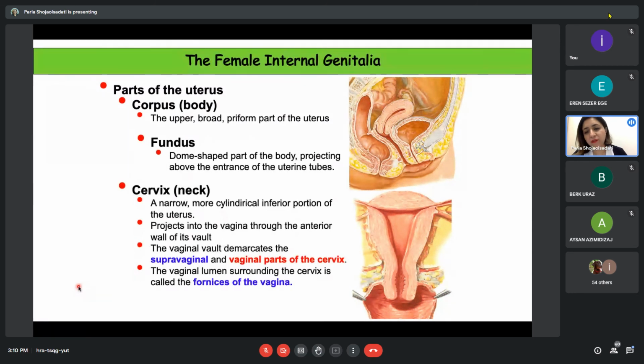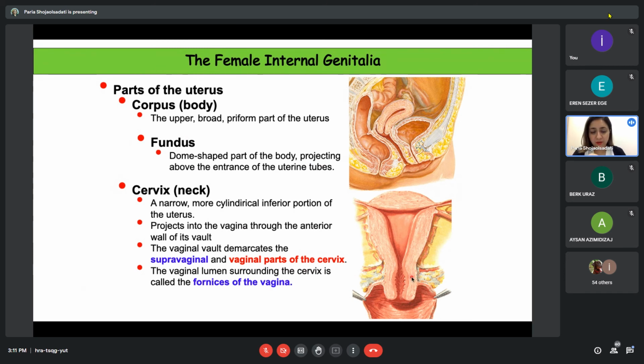The uterus has different parts. For example, it has a fundus. If you remember, we talked about a fundus in the stomach. It has a fundus too. It's a dome-shaped part of the organ. It has a corpus and a neck, the cervix part.